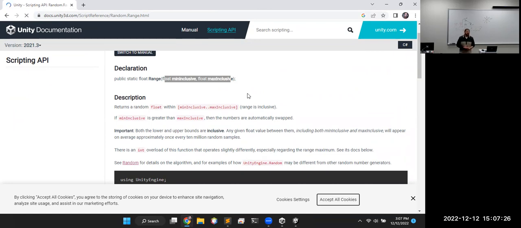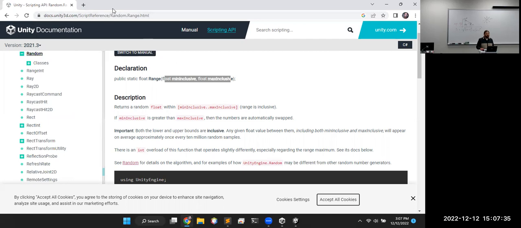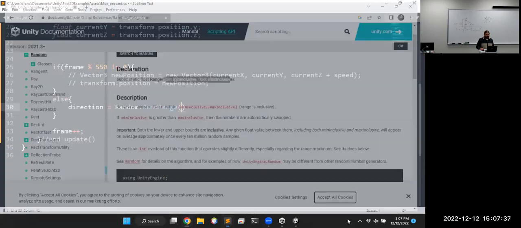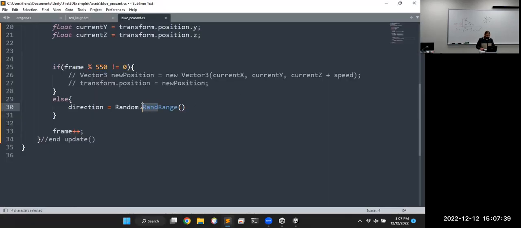So the number is included. So if we want number 1 through 8, we would put from 1 to 8. And it's random dot range, not range, that's Python. We don't need Python code here. So then we'll reset our direction.